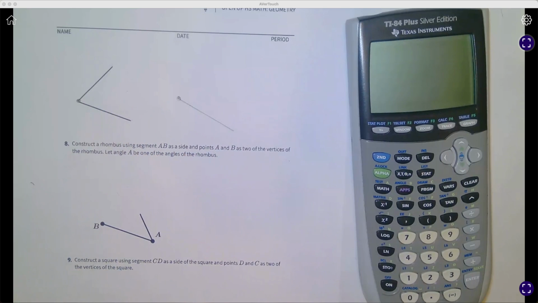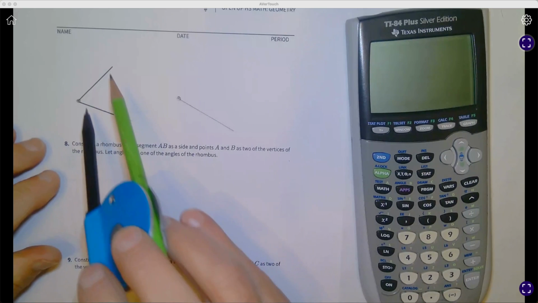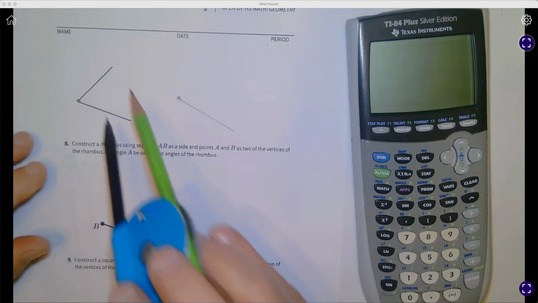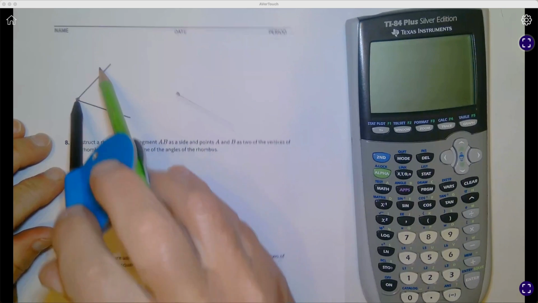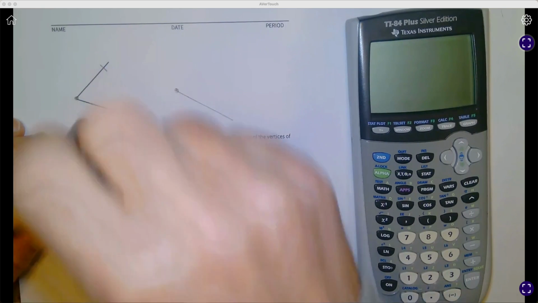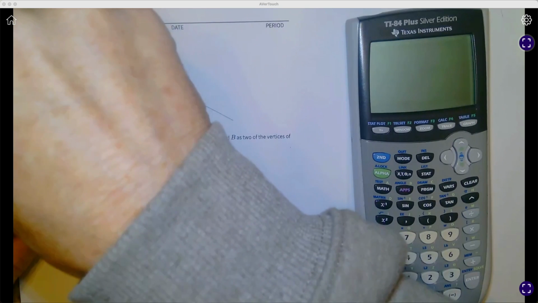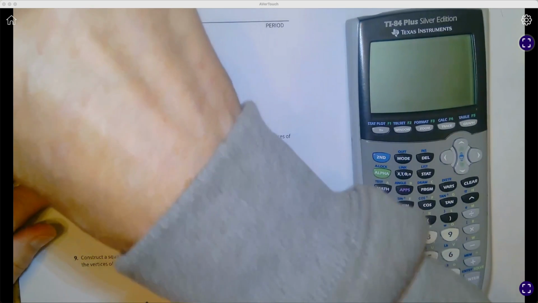All right, so now I'm going to take my compass, and I'm going to mark right here on this angle. I'm going to create a mark, boom, there and there.